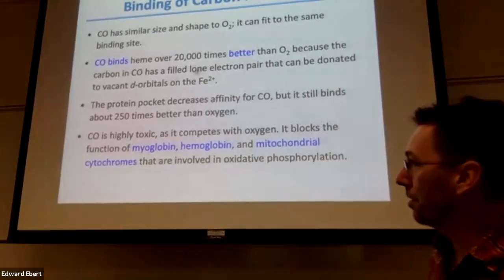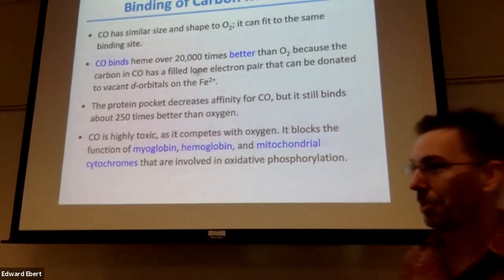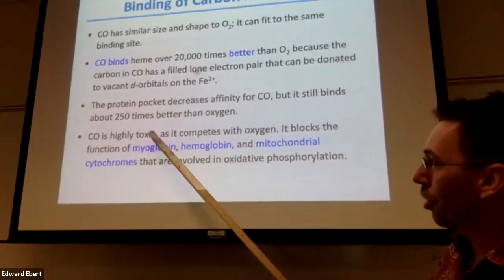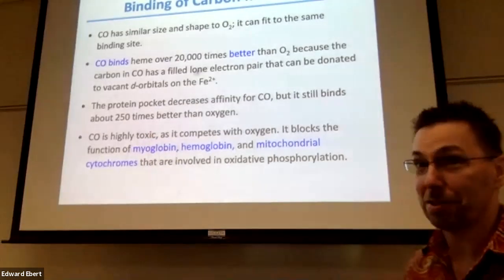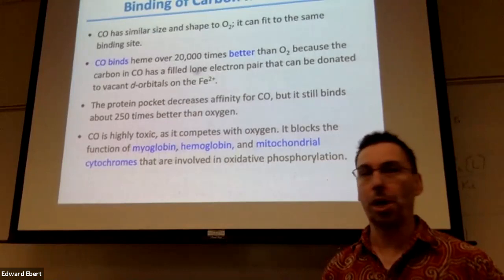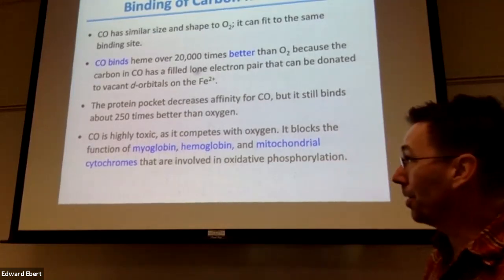So what that means, you may have a carbon monoxide detector in your home. You definitely don't want to park in a garage with your car running in the winter to warm it up, because carbon monoxide is going to compete with oxygen. If we think of the atmosphere, fortunately we have way more oxygen than we do carbon monoxide, so it's not something we typically need to worry about.